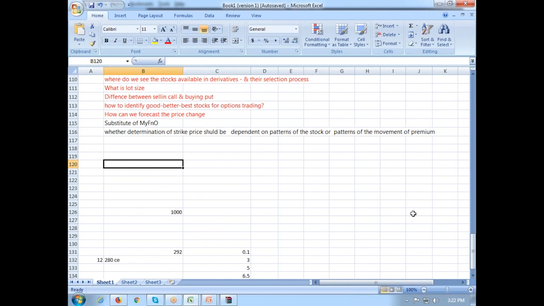That's what it is in the option market, or for that matter any other market. Liquidity is important. You can get into a contract, but if you cannot get out of the contract, trading is not a good game there. So how will you assess the liquidity?